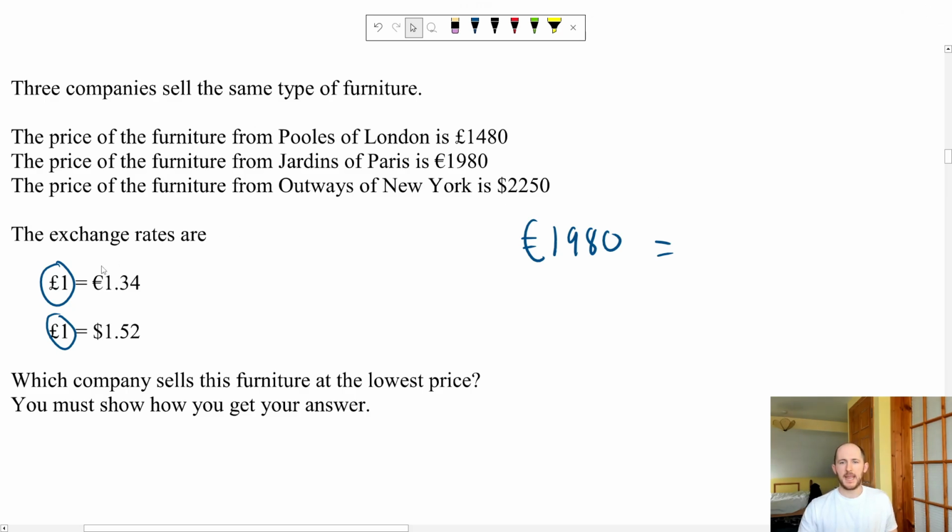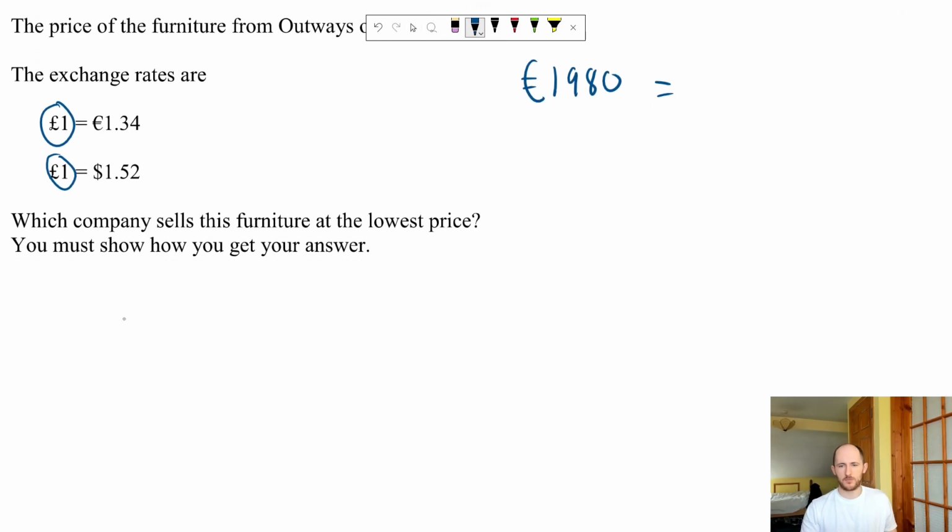Well, here's the way I like to think of it. When you have these exchange rates, I'm going to write the exchange rate just a bit bigger down here, just so I can make my point a bit clearer. If you're going from left to right, you always multiply by whatever the exchange rate is. So in this case, 1.34.